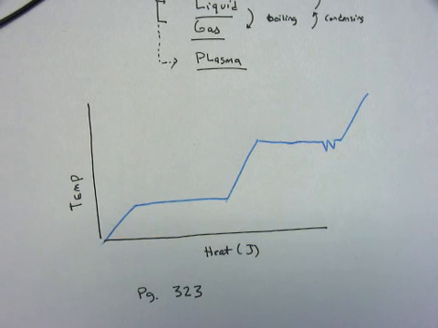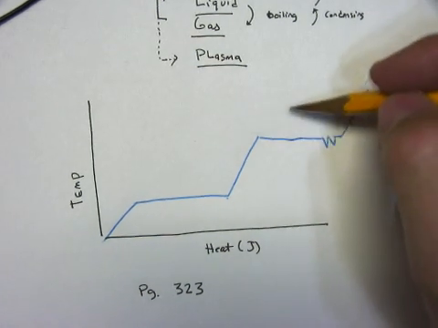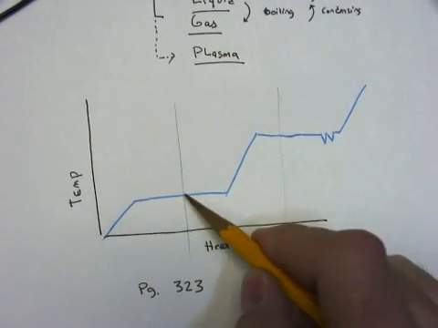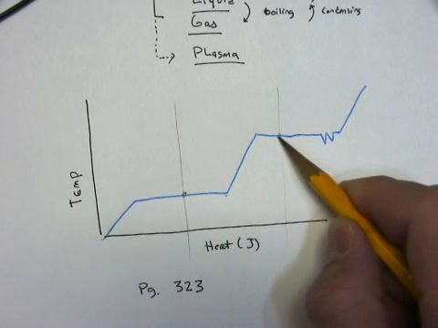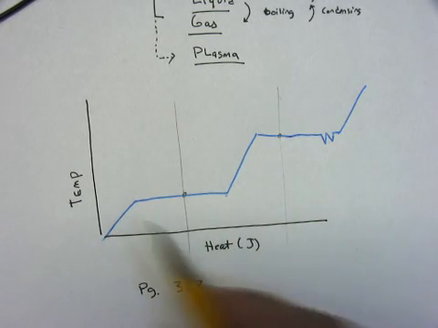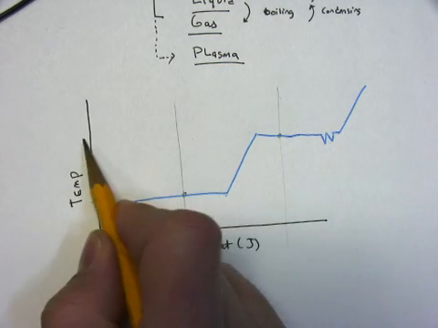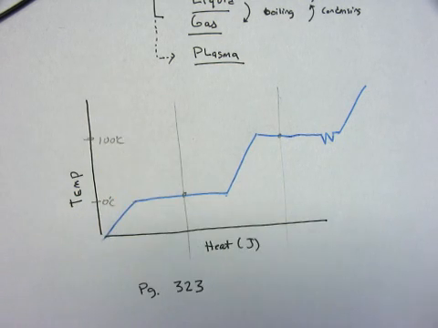Now, the first day of class, we melted snow. And we actually saw a little bit of this graph. We saw this spot right here. We started with snow and we ended with boiling water. So this temperature right here is 0 degrees Celsius, and this temperature right here is 100 degrees Celsius.